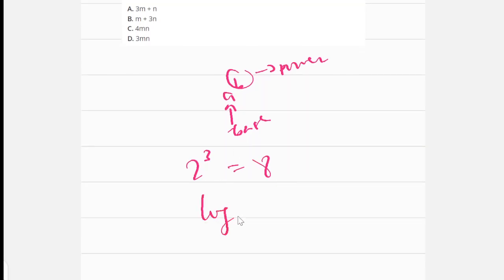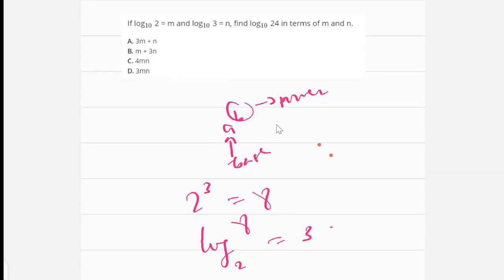Then logarithm of 8 to the base of 2 is 3. That is, what are you going to raise 2 to that will give you 8? So just think of logarithm as power. But this kind of question we have: if log 2 base 10 is equal to m, and you have log 3 base 10 is equal to n.